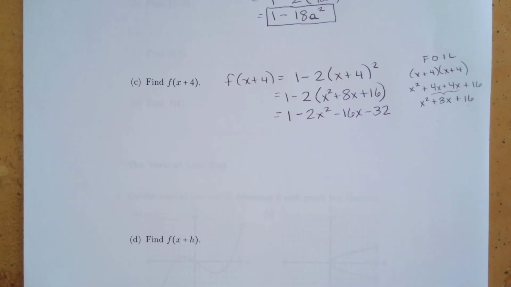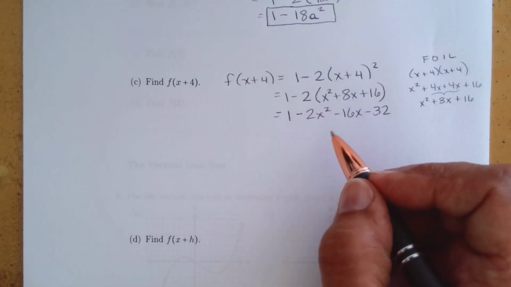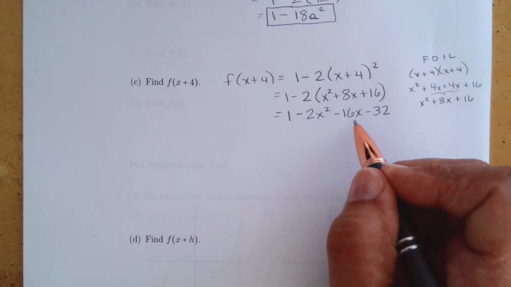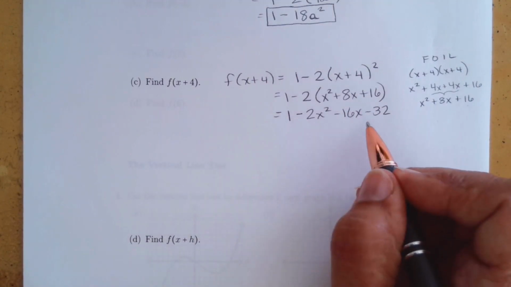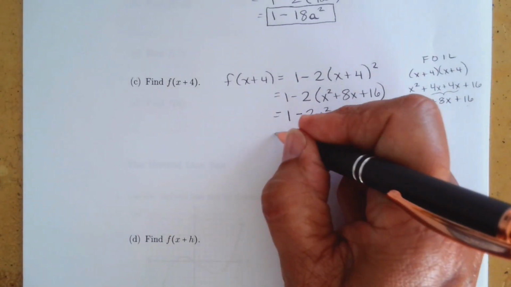All right. Now you're just looking for like terms to add together. So I don't have any other x squared terms. I don't have any other x terms, but I do have 1 minus 32 that I can add together. So I'm going to put these in descending order.